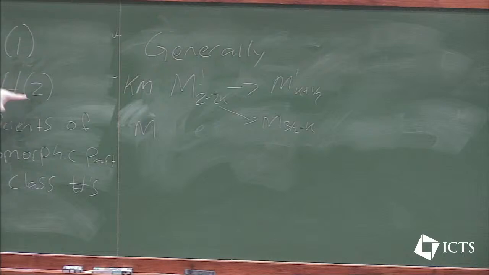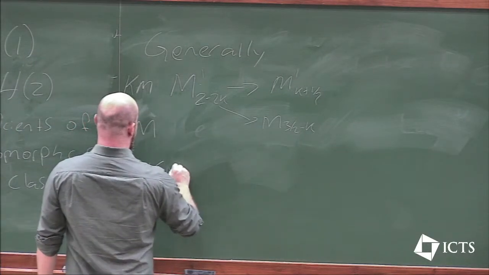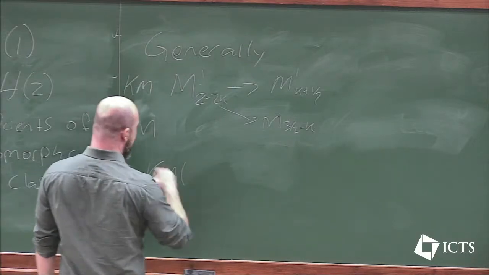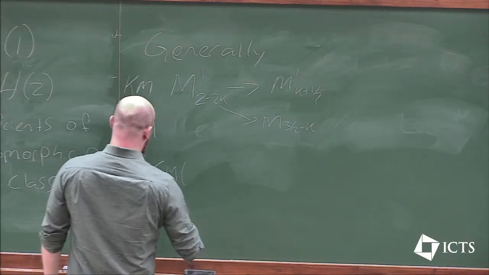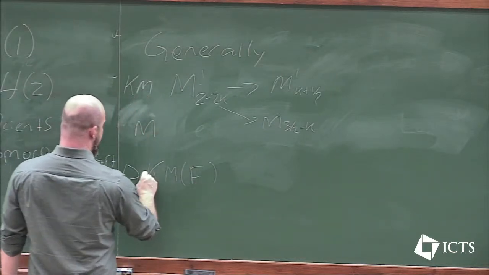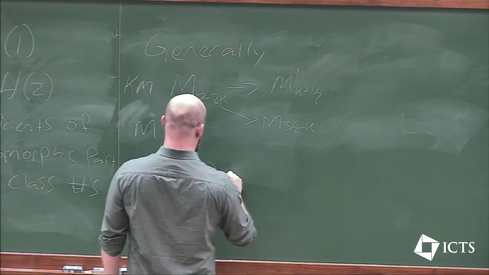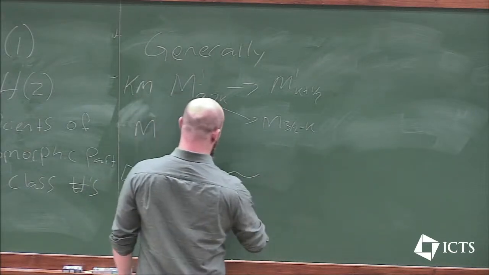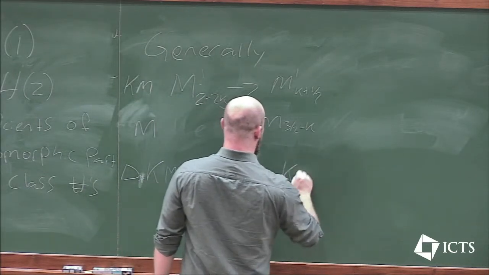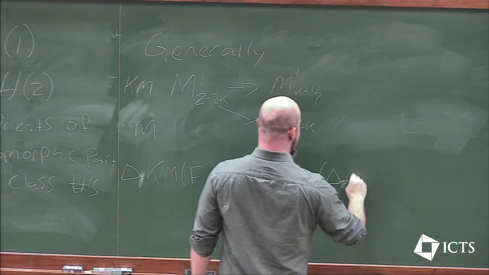Okay? And if you start looking at more general things, you can see more general things where you generally expect, so it is almost true that one of these lifts, say the Kudla-Millson lift of F, if I apply the delta operator, whatever our weight is here, okay, this is generally equal to some multiple of the Kudla-Millson lift with delta moving again to whatever our appropriate weight is inside, okay?